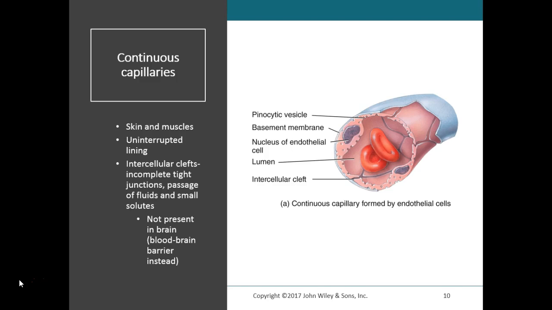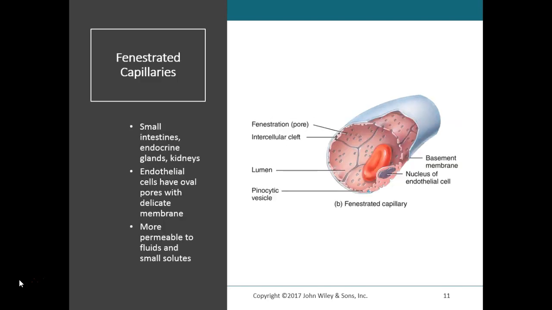So most areas of the brain contain a specialized continuous capillary where very, very tight junctions basically seal all of these capillaries together, so the cells that make up the capillary walls. So it results in sort of a blockade to movement of materials into and out of the brain capillaries, and that makes up the blood-brain barrier. But there are areas of the brain, such as the hypothalamus and the pituitary gland, that have a little bit more free exchange across the walls of those capillaries.